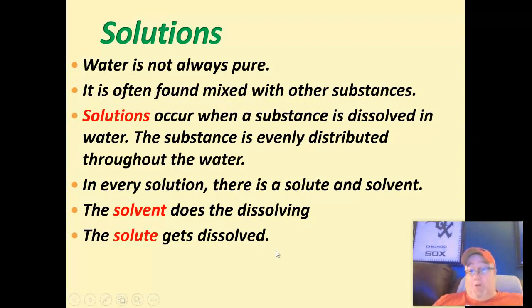The solute is what gets dissolved, so salt would be a solute. If you had a glass of iced tea and you put a tea bag in it, or drop some sugar in it, the water would be the solvent. The tea and the sugar and all those other things dissolving in the water would all be individual solutes.